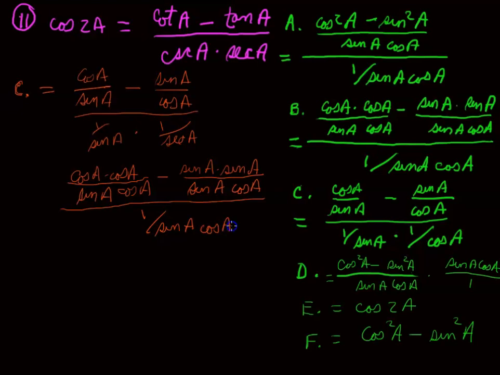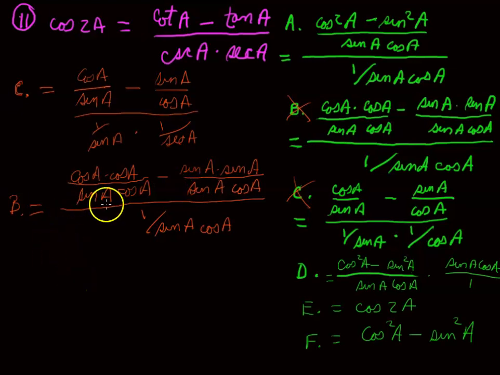Now, let's see. Did I skip too many steps, though? Let's see here. I've got the cosine A, so that's this one. That's B. Anything before that? No. C is already done here. So that's B. Okay, B is next. And now we can combine these two.